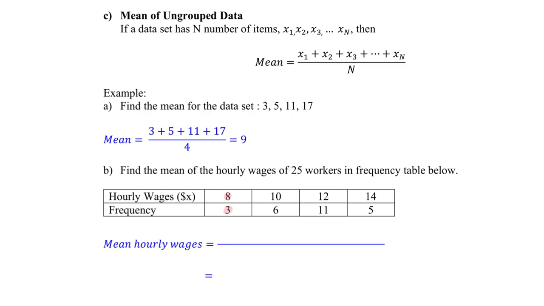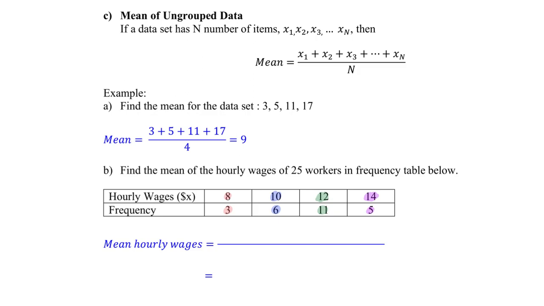And there are 6 workers whose hourly wage is $10 each. 11 workers, $12 each. 5 workers, $14 each. Then how do I find the total wage?